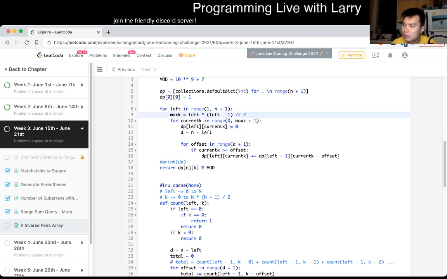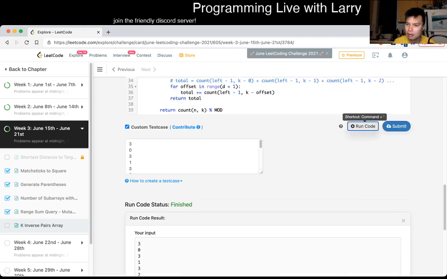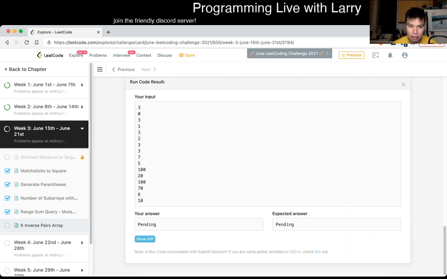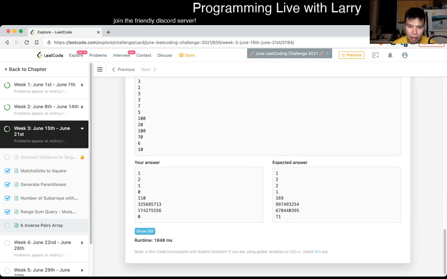Because for 3, for example, it goes up to 6, right? For 1, it goes up to 0. Did I mess this one? It should be plus. Maybe that's why. Yeah, maybe. Oh, I know why.